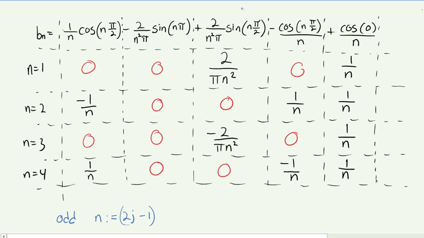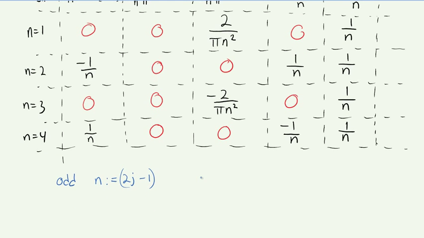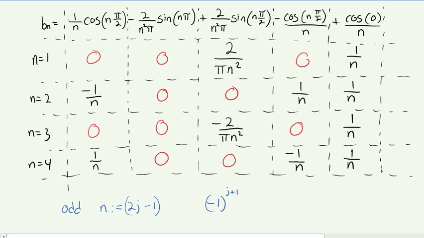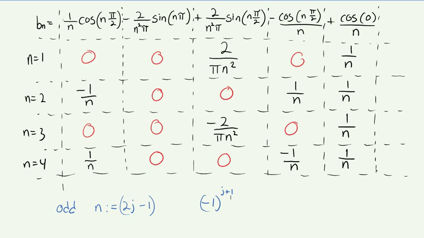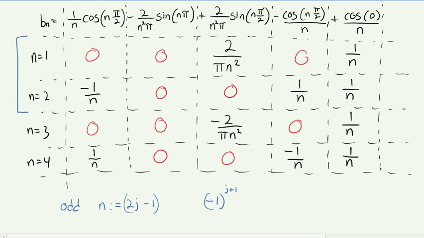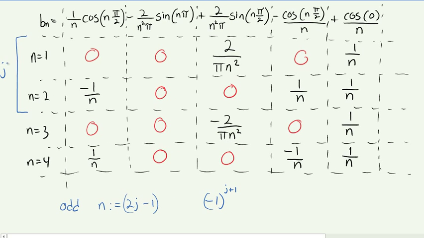Alright, so what we're going to do is first say that because this term here is positive, we're going to come down and say this is going to be negative 1 to the j plus 1. And the most important thing to realize here is that we're basically combining these two rows and making this j equals 1, and this one down here j equals 2.